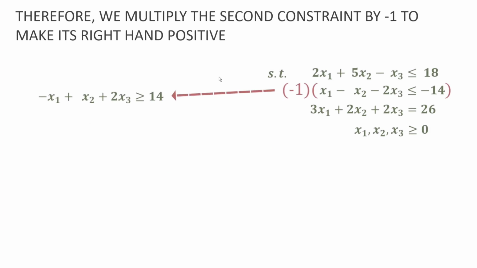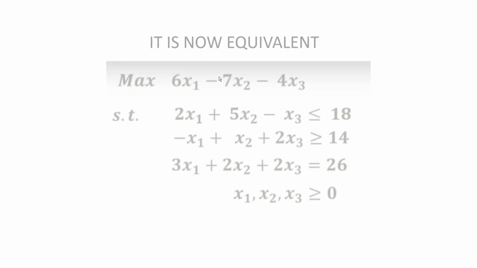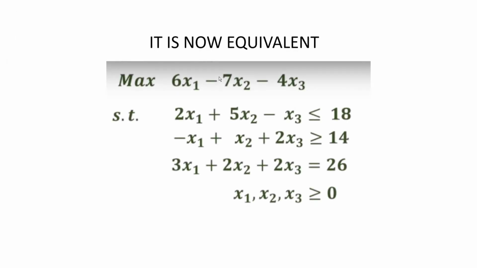Therefore, we multiply the second constraint by -1 to make its right hand positive. And that also changes the direction of the inequality from a less than to a greater than. The original minimization problem is now equivalent to this maximization one.